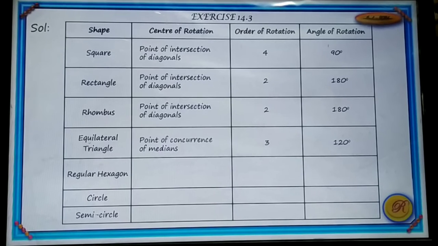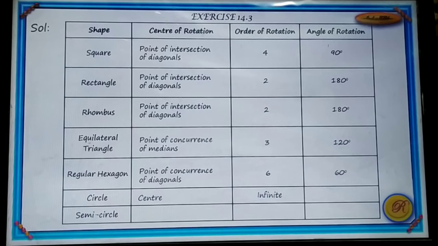For regular hexagon, center of rotation, point of concurrence of diagonals. Order of rotation 6. Angle of rotation 60 degree. For circle, center of rotation center. Order of rotation infinite.